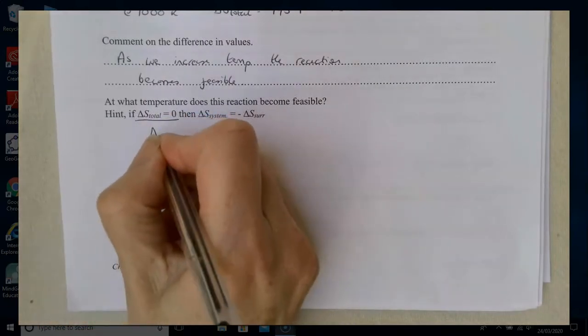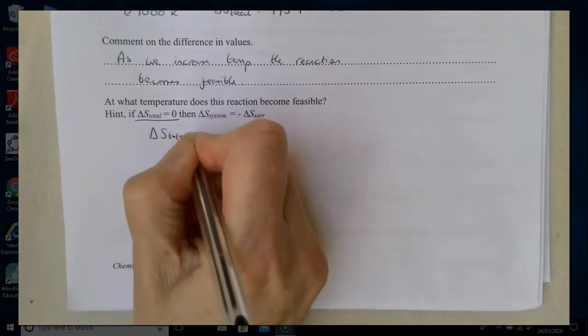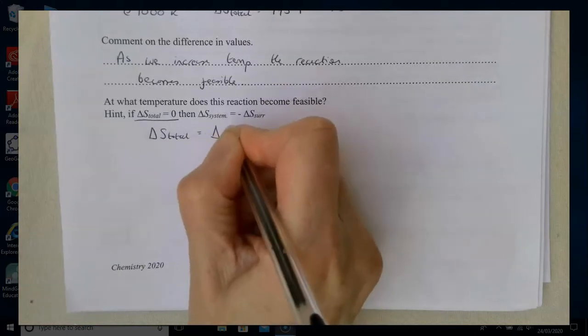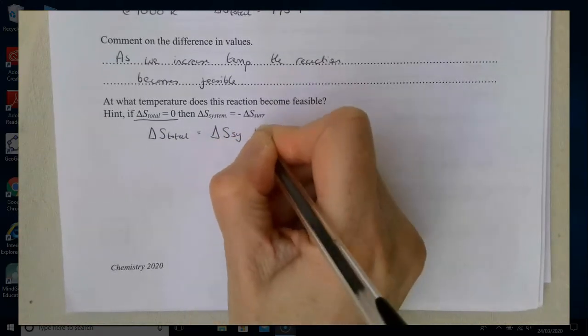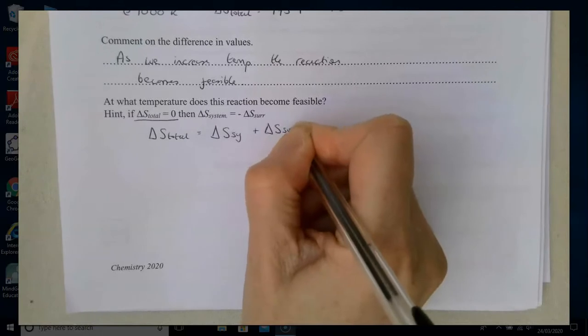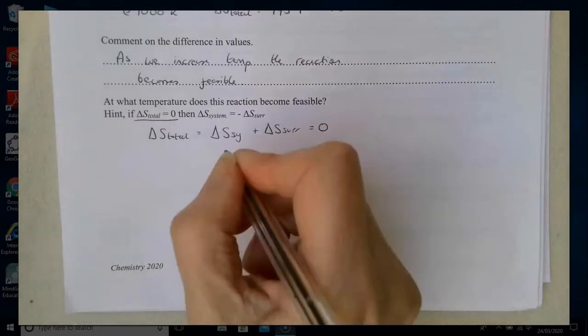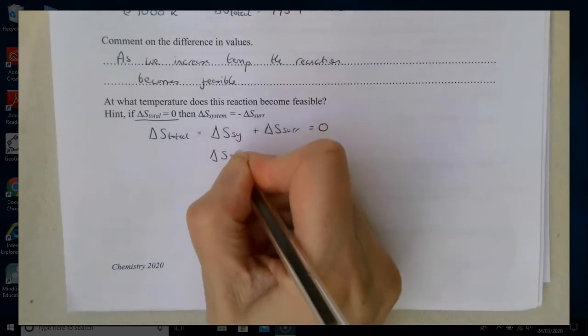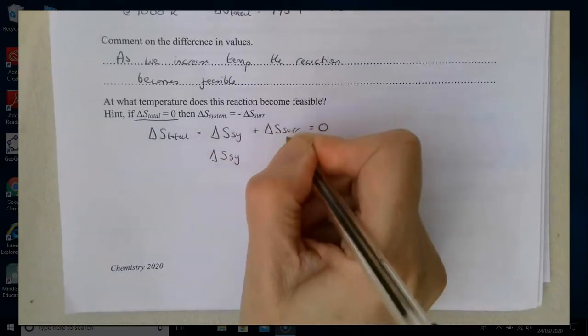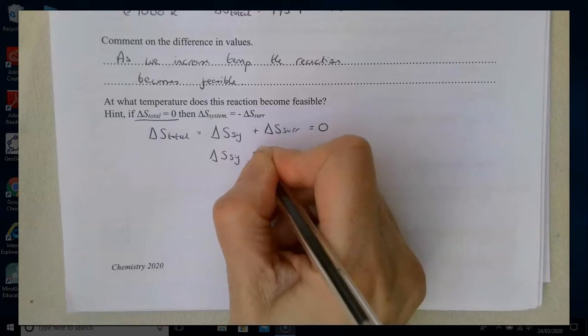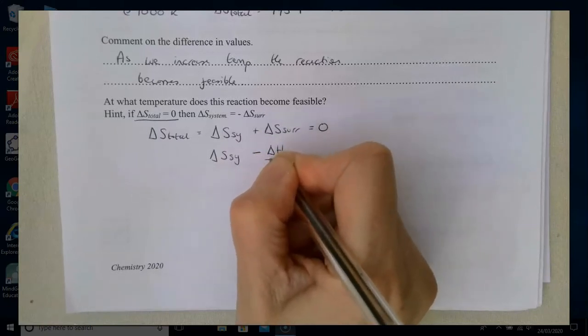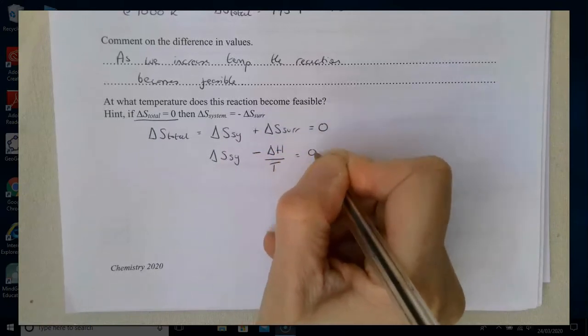We take our delta S total, and we say that is equal to delta S system plus delta S surroundings, and we know that that equals 0. I'm just going to swap in here my term for the surroundings, which is minus delta H over T, equals 0.